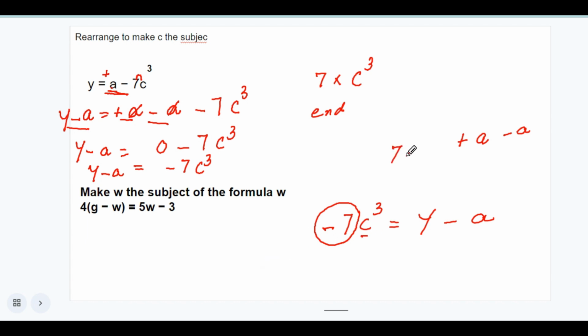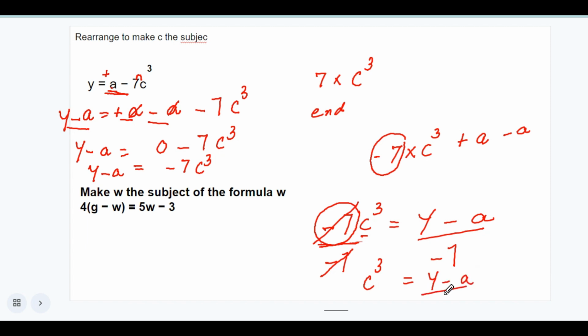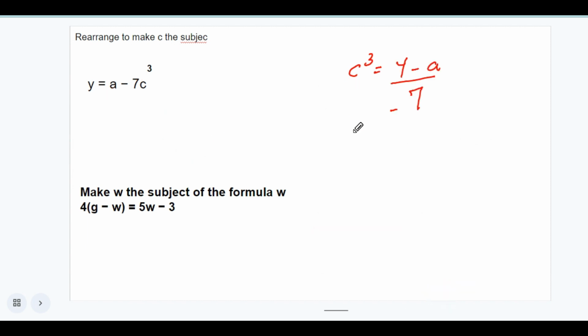It is multiplying with c cubed, remember, multiplying with the c cubed. So the opposite of multiplication is division. It means we need to divide by minus 7 on both sides, right hand side and left hand side. So these can be cancelled with each other. Now we are left with c cubed equals y minus a divided by minus 7.